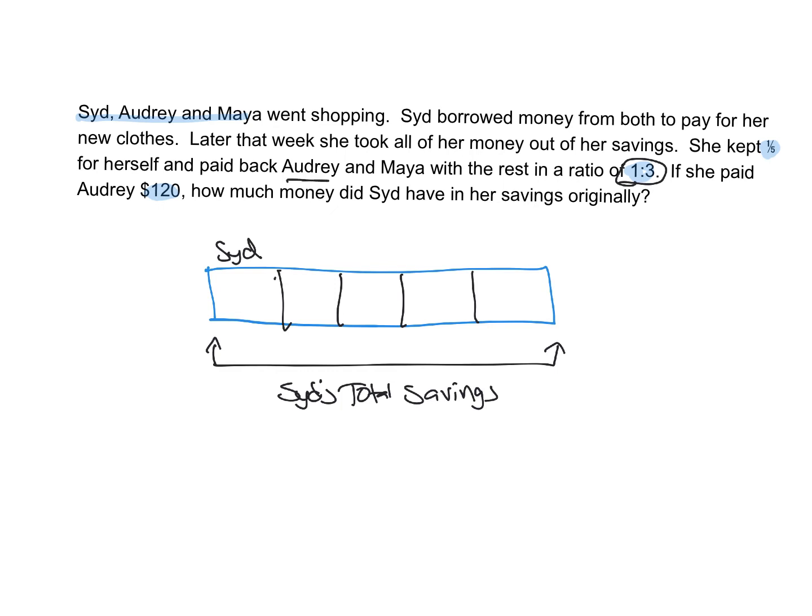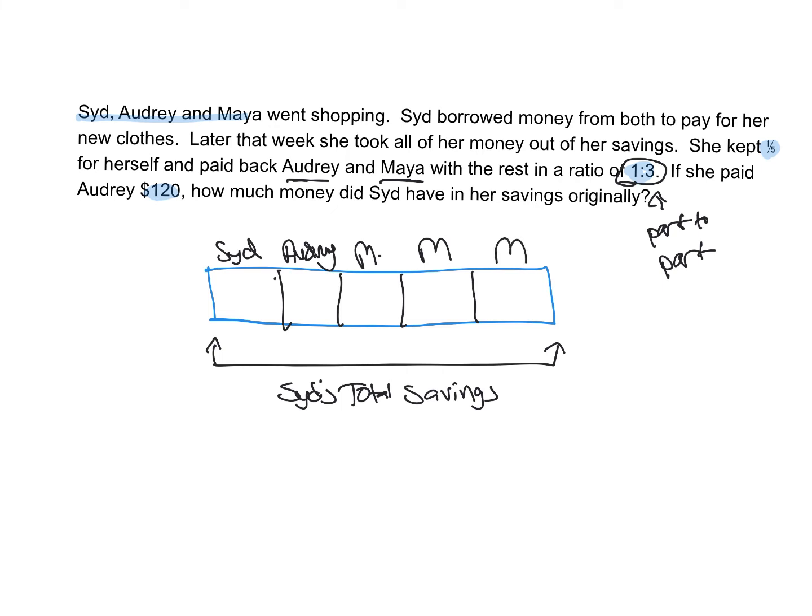Because it's talking about Audrey and Maya, that 1:3 ratio is going to be a part-to-part ratio. And since it's part-to-part, it's telling us how many parts each person gets. So Audrey is going to get 1 part, and Maya is going to get the other 3 parts.